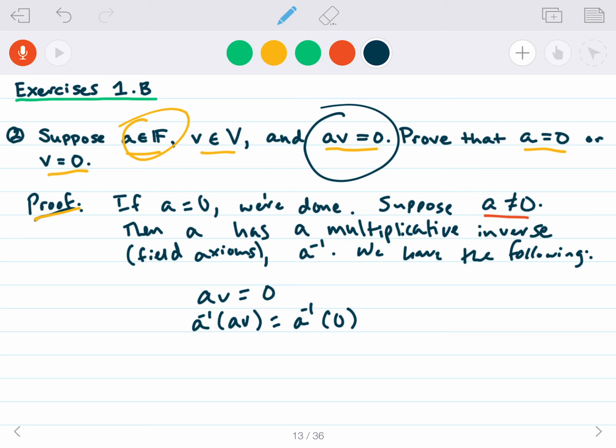So what can we do? Well, by associativity, we can move the parentheses and change it to (A to the negative 1 A) V equals A to the negative 1 times 0. I'll write here how we knew how to do this. This is associativity.